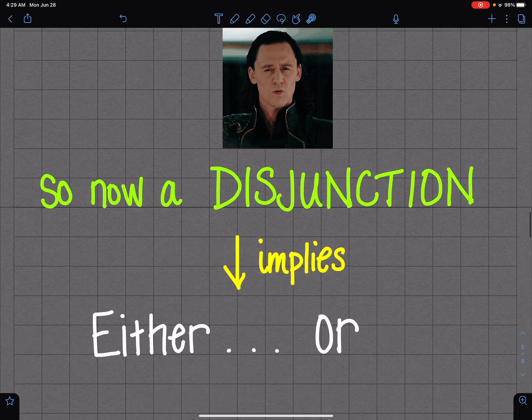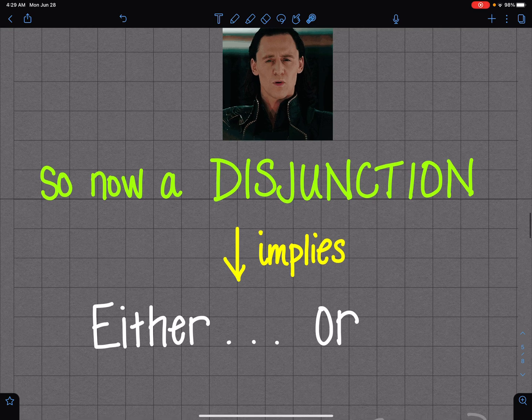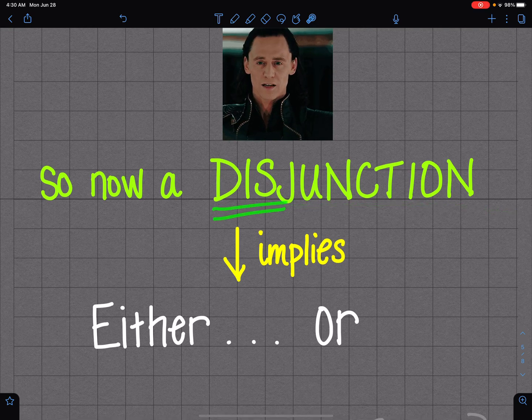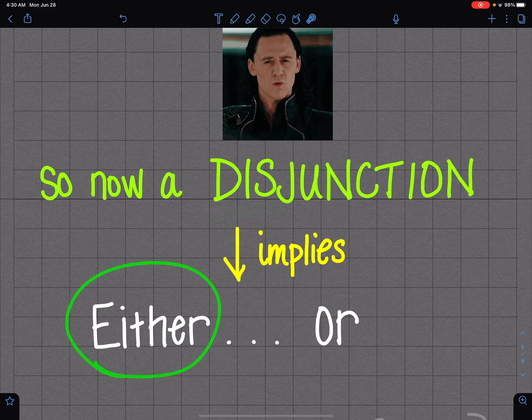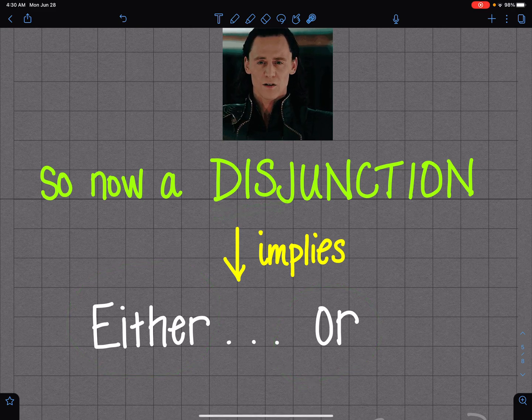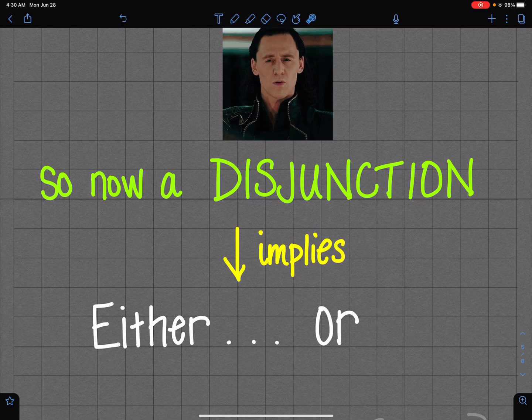Following along so far? Now let's talk about a disjunction, and I think you'll see the difference, because a disjunction implies the word either or. So that means either condition is met, one or the other, but it does not have to be both.